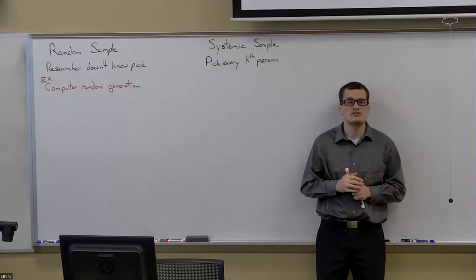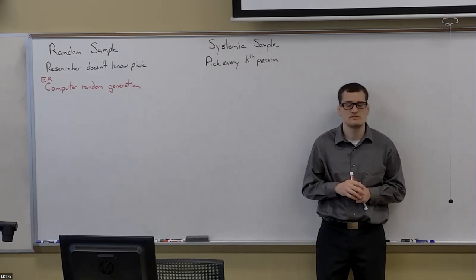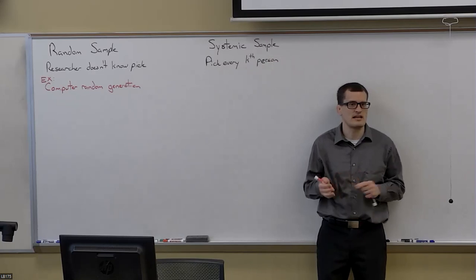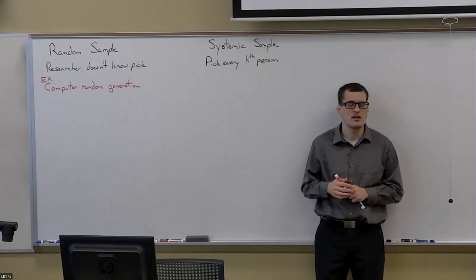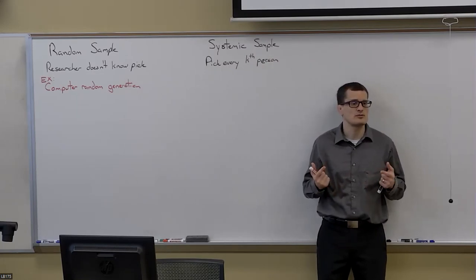Let's say I wanted to do a poll on what issues were most important to voters in the last election. So I stand outside of a precinct, and as voters walk out, I just ask them the questions.